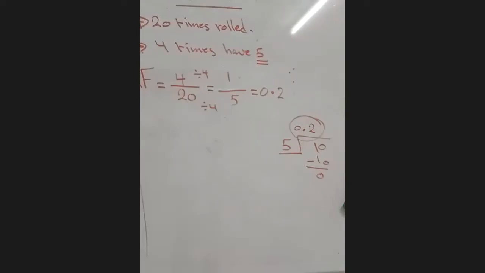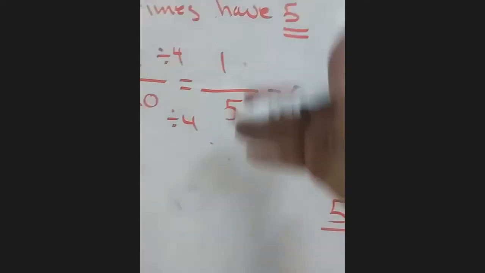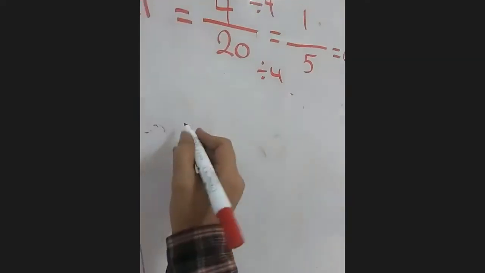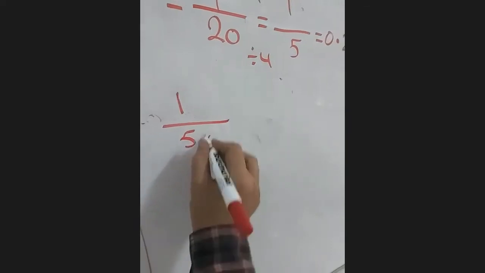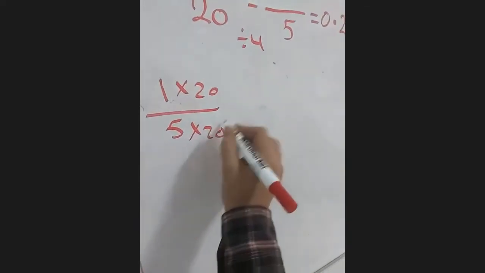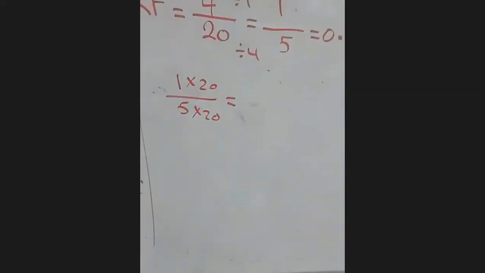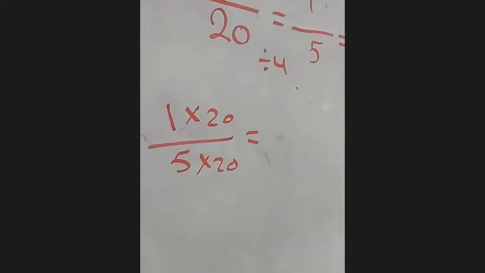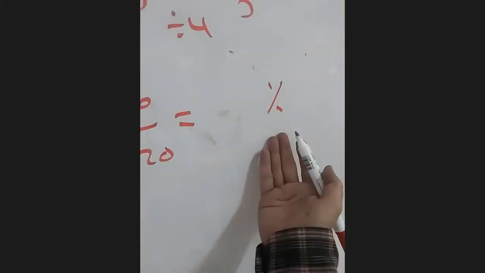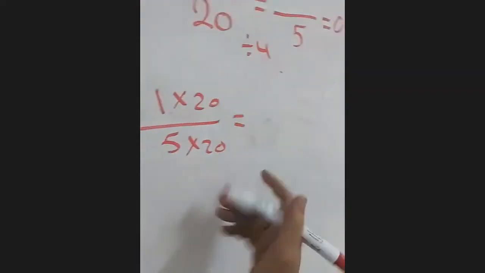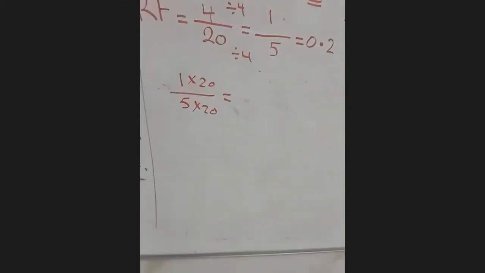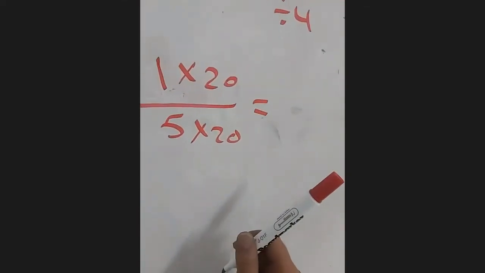Abdullah was saying multiply by 20, so let's multiply by 20 to see what we will have. Now 1 over 5, look here, guys. I want to multiply up and down by 20. When we want to go to percent, the denominator should always be 100. How do we make the number 5 become 100?